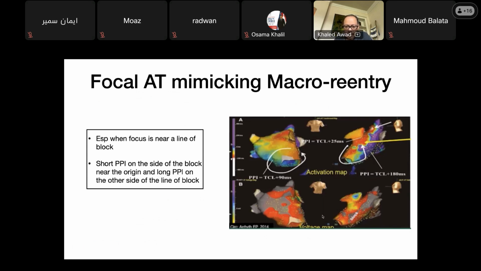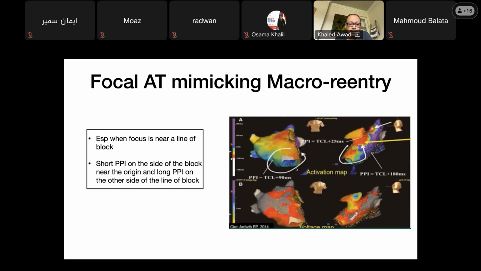There is a line of block there, and the line is blocked, but yet they have a tachycardia that looks very much, when you do activation mapping, you have the entire tachycardia cycle length. And it looks like you have recurrent mitral isthmus flutter, but you don't. And so what is the clue?